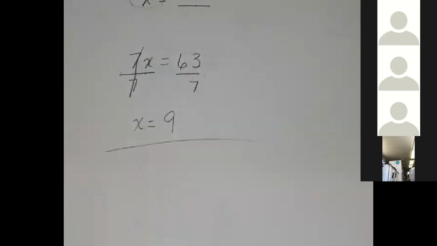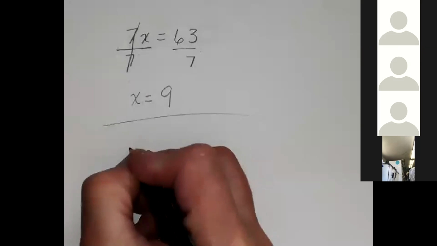Here's where students get confused. And that happens when you have some sort of an equation that has two or more operations in it, like this one.